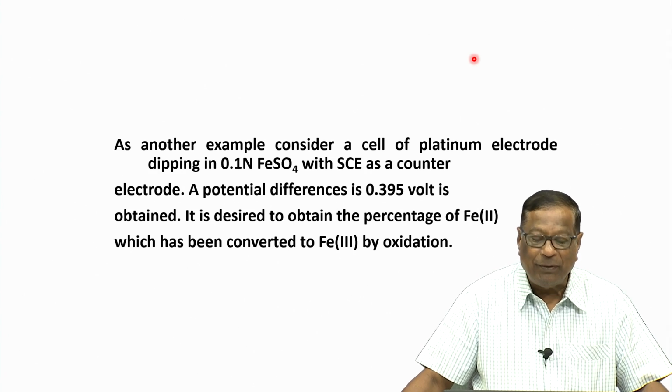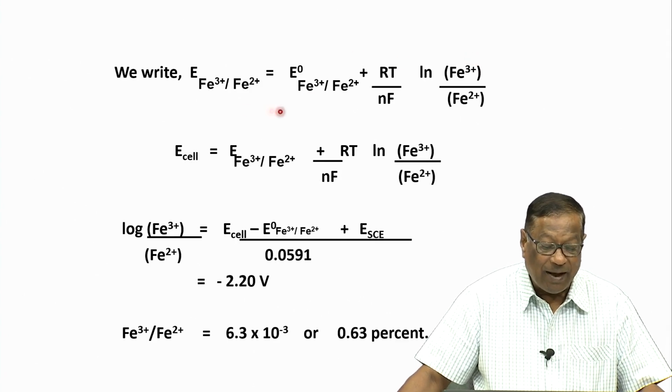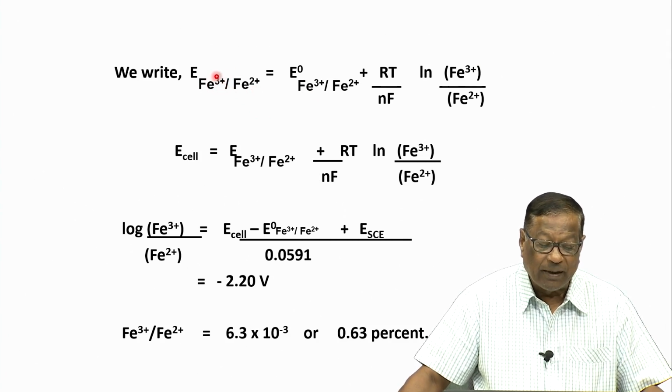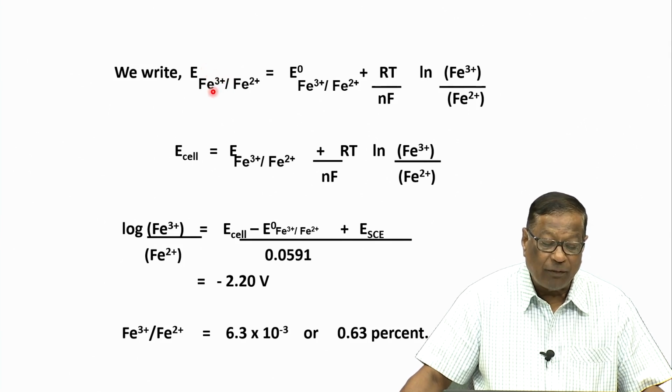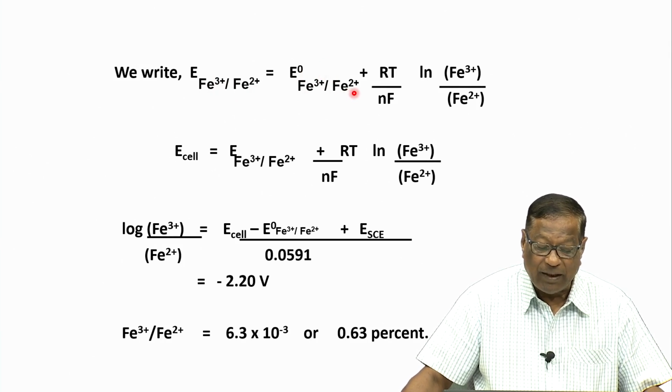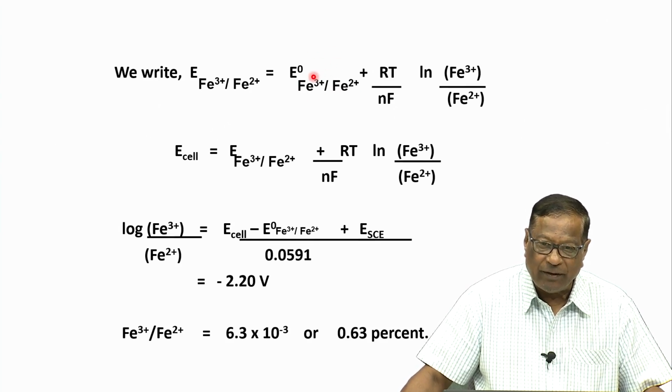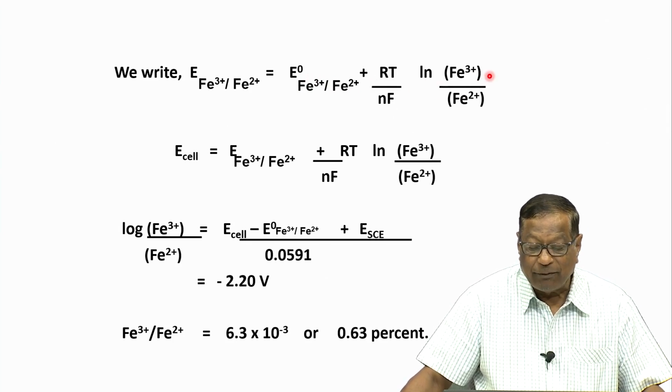How I am going to do that is very simple. I simply write E ferric to ferrous. This is the redox system. EMF of the ferric to ferrous solution is dependent upon the sum of E naught Fe3 plus by Fe2 plus, this is the standard reduction potential of ferrous, plus RT by NF ln ferric to ferrous.